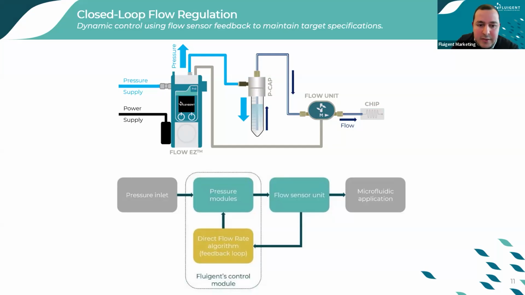This maintains a constant flow rate and, for example, a uniform shear stress across the microfluidic channels, with a high response time in the communication between the flow sensor and the pressure controller in order to increase or decrease the pressure as a function of the variations in the chip, and of course to satisfy the specifications of your experiment.